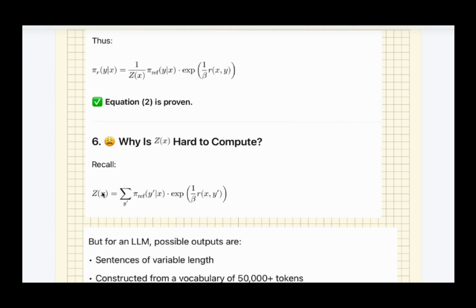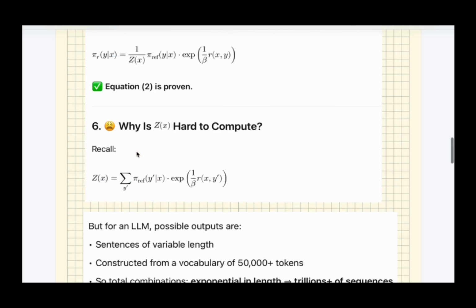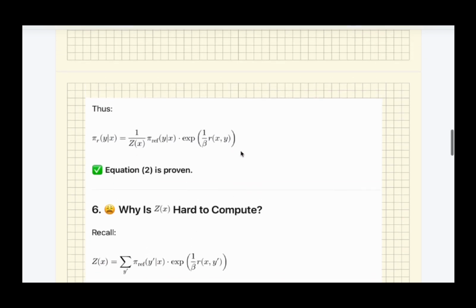So just you calculate it, you tell me how many possibilities we can have. A sentence of variable length, I don't know, constructed from a vocabulary of maybe 50k plus tokens, so on and so forth. So that's what makes this z function, z of x, so hard to compute. So that's why we cannot directly compute this equation.